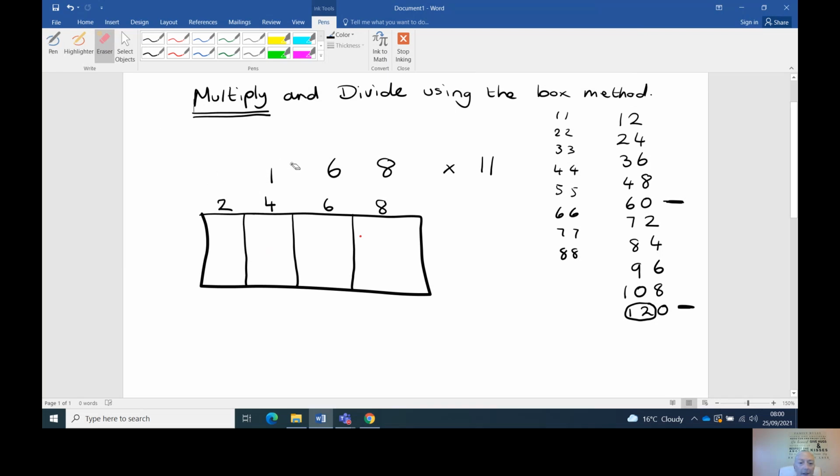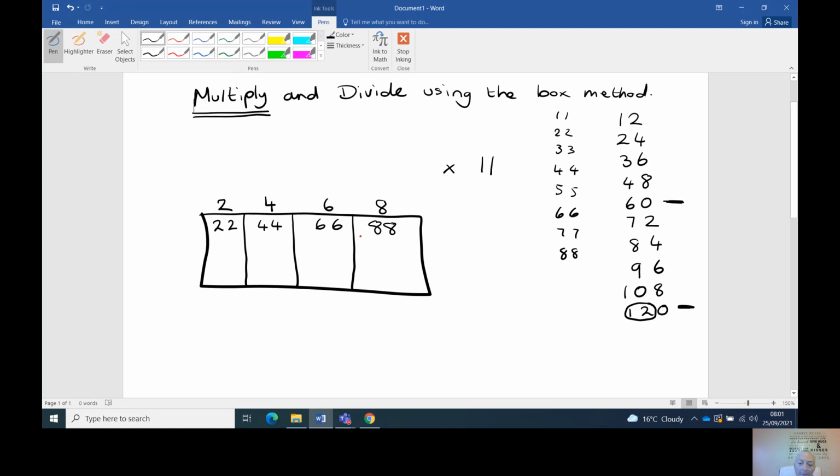Just going to get rid of that so it doesn't confuse you. Right. Okay. 2 11s are 22. 2 4s are 44. 11 fours are 44, 6 11s are 66, and 8 11s are 88.